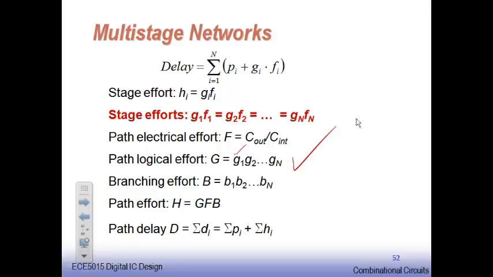So the product of all is going to be your path logical effort. And similarly the branching effort, capital B. And the path effort, which I now define as the product of all these, G times F times B. Now what would be the path delay? The delay incurred is the sum of all these Pi and the sum of your path efforts.